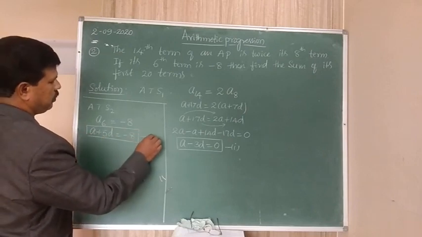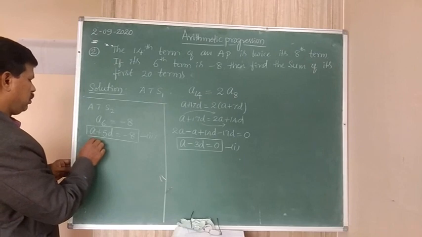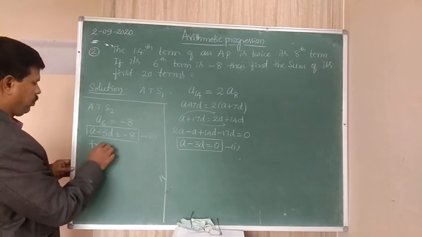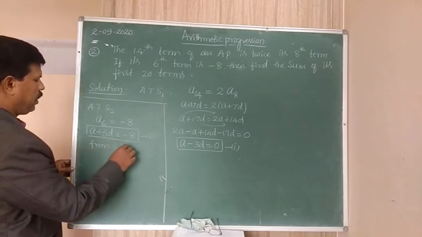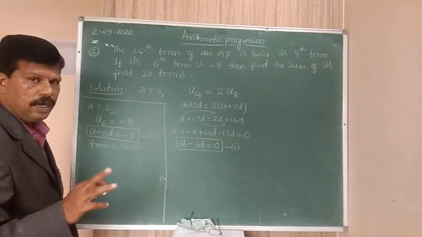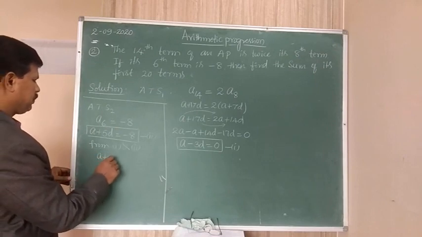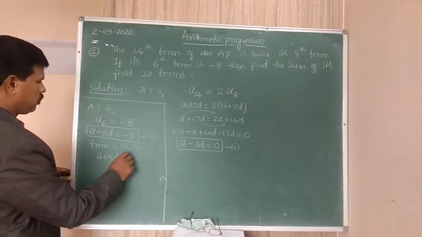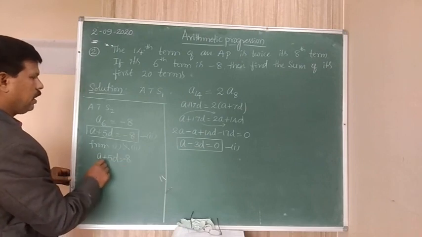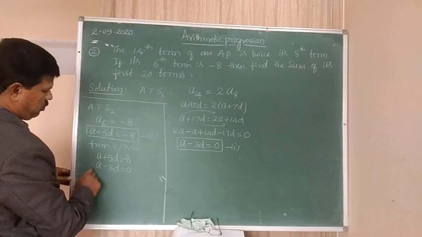So equation number 2. Now from 1 and 2, it means solving equation 1 and equation 2, then what it becomes? A plus 5d is equal to minus 8. Then a minus 3d is equal to 0.